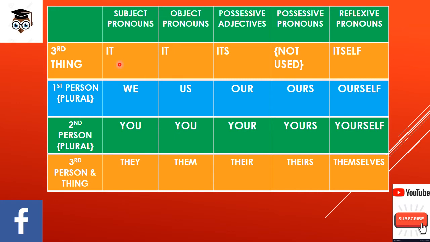Subject pronoun, it; object pronoun, it; possessive adjective, its; possessive pronoun is not used; reflexive, itself. First person plural: we, us, our, ours, ourselves.